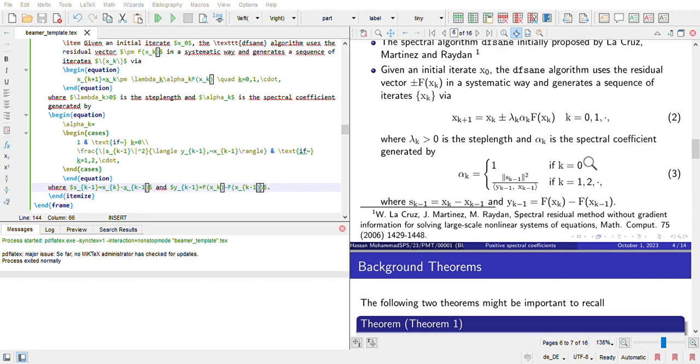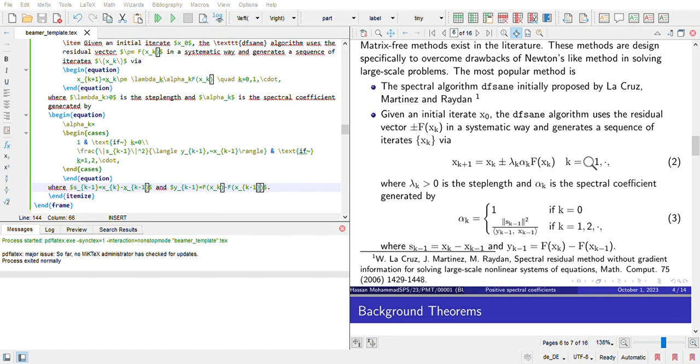Of course, we have already mentioned how this DF-SANE algorithm, the algorithm presented by La Cruz, Martínez and Raydan, gives the type of alpha k. So our interest is just alpha k.